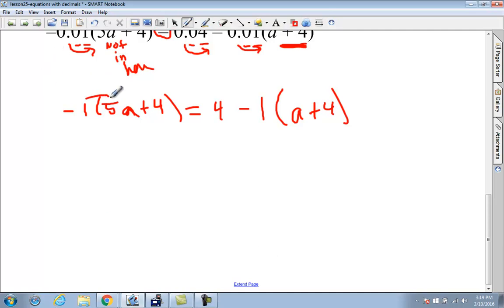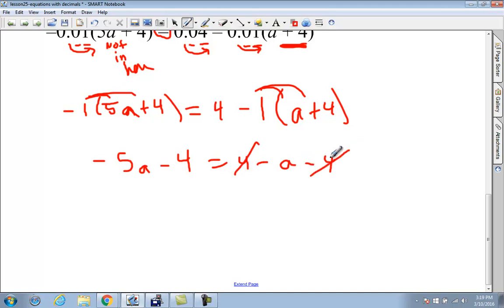Distribute -1. So I'll have -5a minus 4 equals, distribute the -1, 4 minus a minus 4. And voila, the 4's cancel. Now I've got -a on this side of the game, and I've got -5a minus 4 on that side of the game.